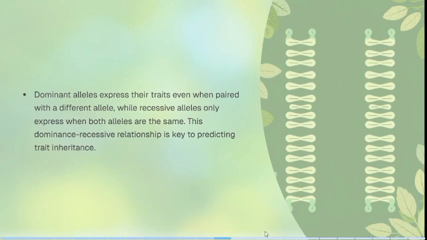Dominant alleles express their traits even when paired with different alleles, while recessive alleles are only expressed when both alleles are the same. So the recessive alleles from one of the parents or the other will only be expressed when both alleles are recessive. This dominant-recessive relationship is key in predicting trait inheritance.